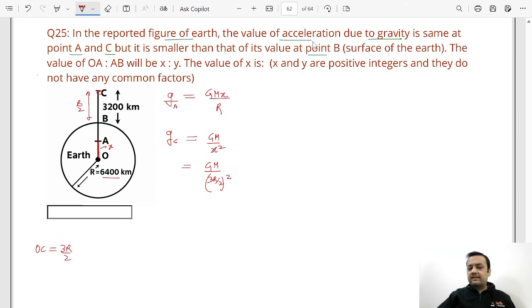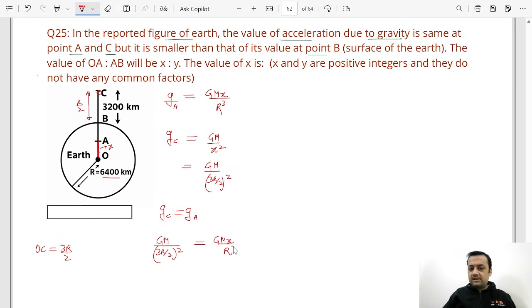Now the question is saying that gravity is the same at A and C. That means GC is equal to GA. So GM upon 3r by 2 whole square will be equal to GMx upon r cube.